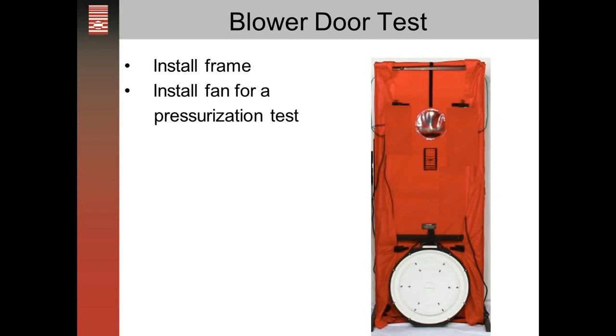Or when doing townhome testing, oftentimes it's easier if you're testing 3 or 4 units at a time, and it's easier to go from blower door to blower door if you're set up on the outside. So that's really what this is simulating, setting up the fan on the outside and doing a pressurization test.